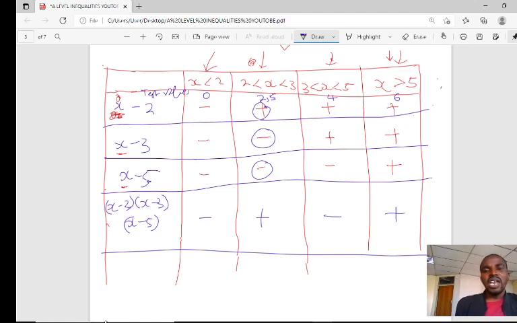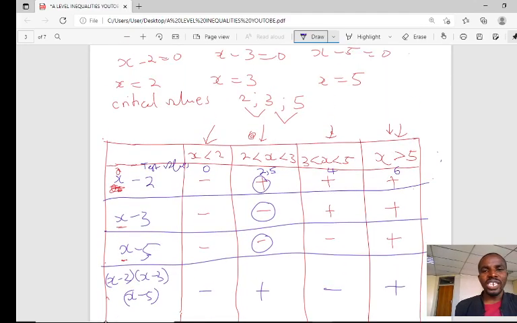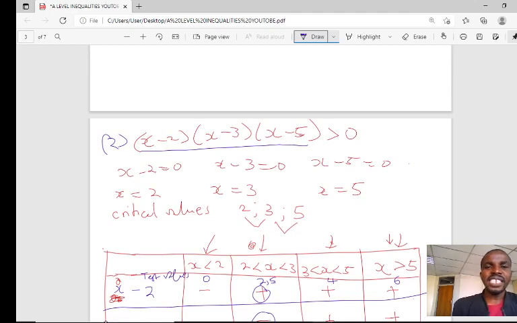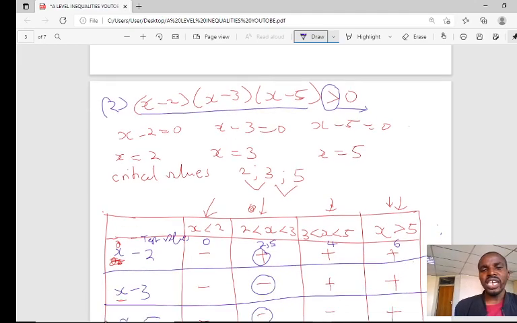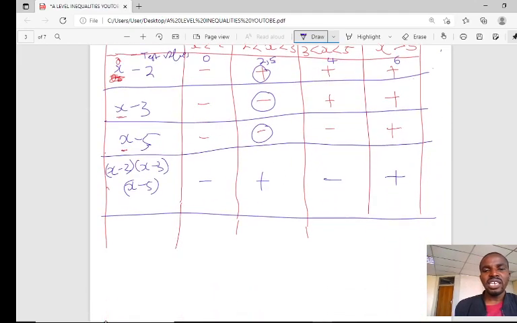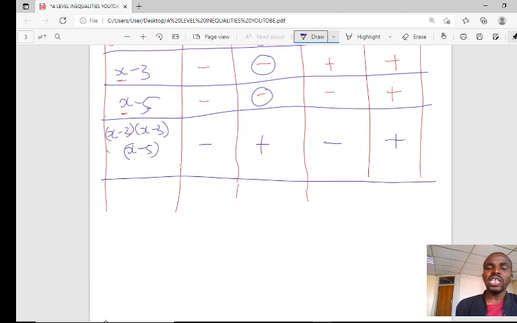Right. Now, you go back to your inequality. In this case, it was greater than here. So greater than, you take positive sign. If it was less than, you were supposed to take the negative signs. So this one is actually greater than. So the solutions will be this one and this one.